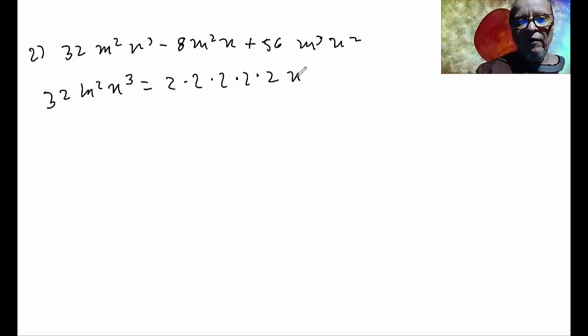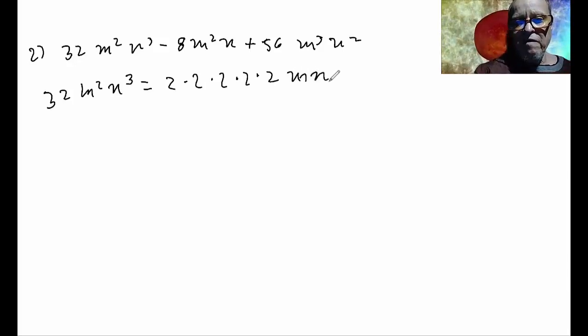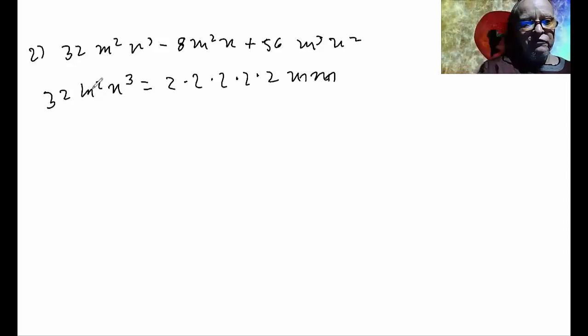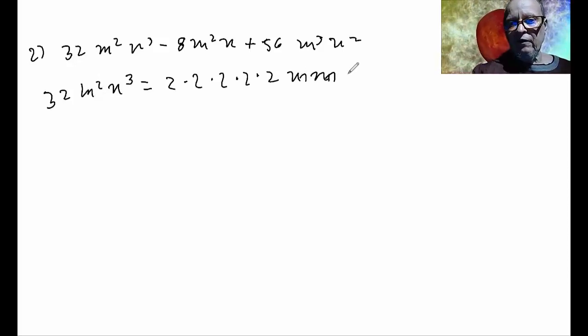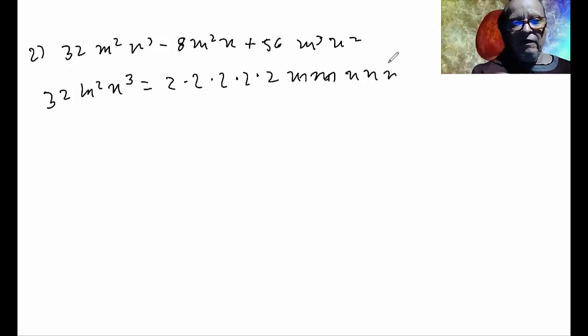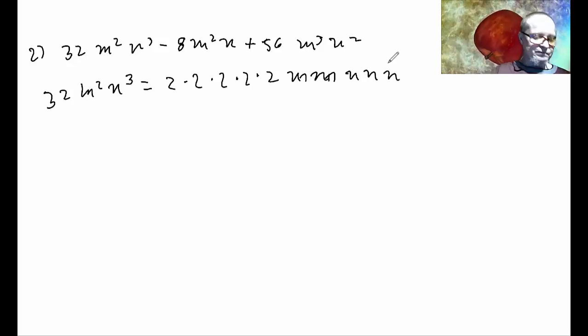Then we have m, 2 m's from the m squared, and then n from the n cubed.